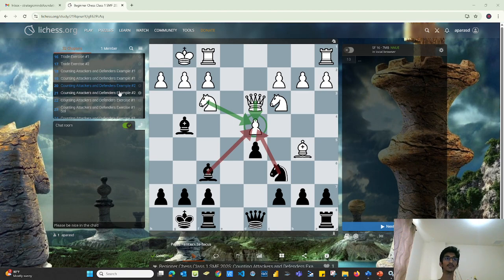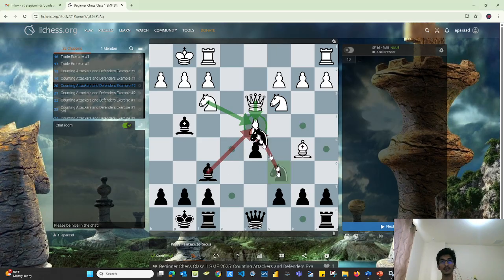Okay. So the trade as of right now in this moment is actually not good for black, right? Because there are two attackers and two defenders. And the condition for a trade being good is that you have more attackers than defenders.